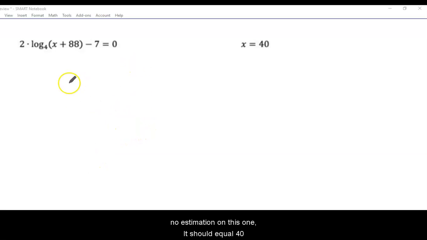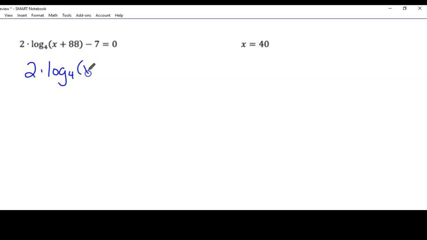Okay, this is 8G, and we should get x equals 40, not just an estimation on this one, so we won't have to round anything on this one. I need to isolate this part right here. So I'm going to add 7 first. So then I need to divide by 2. And we can just leave this 7/2.